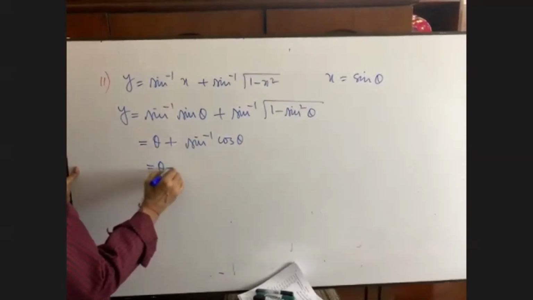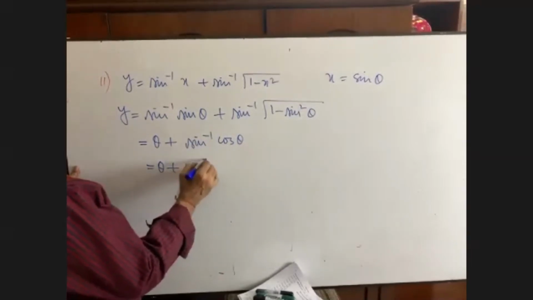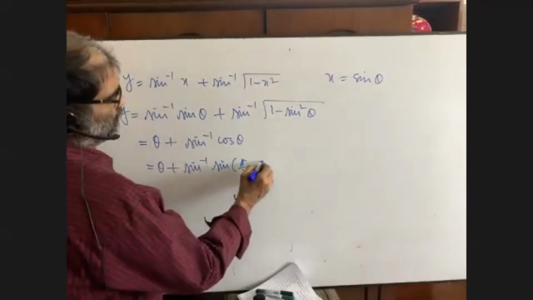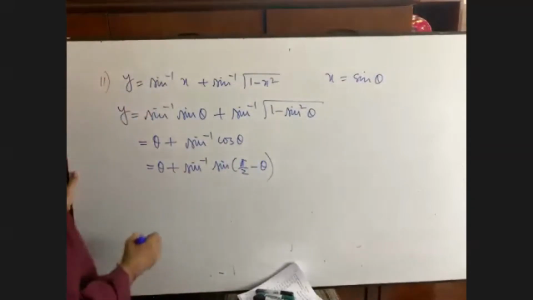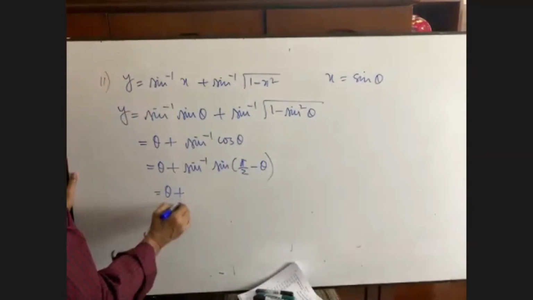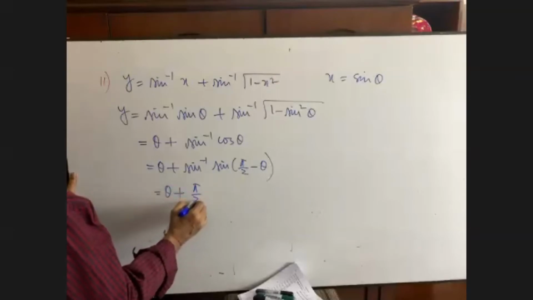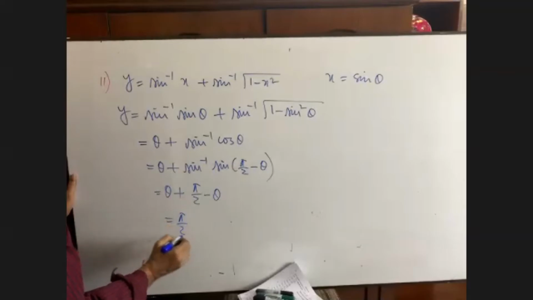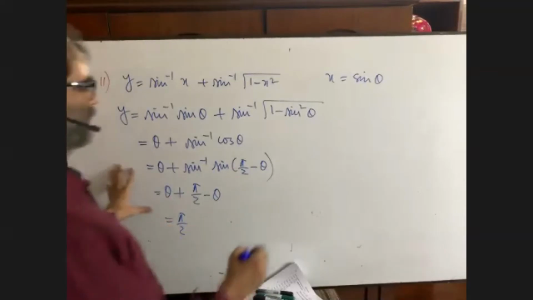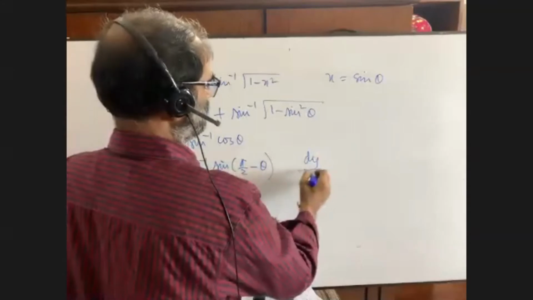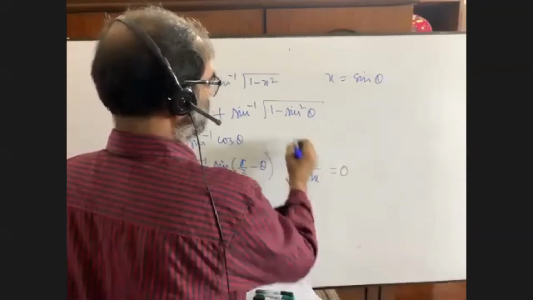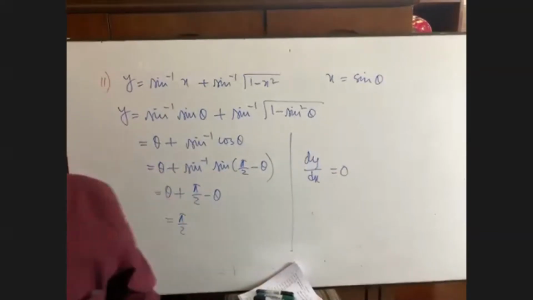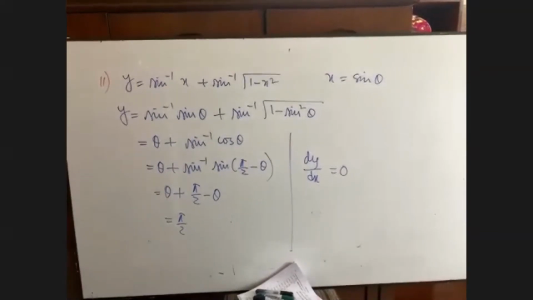That means theta plus sine inverse sine of pi by 2 minus theta. Theta plus pi by 2 minus theta. That is pi by 2. So dy by dx is equal to 0, and it is our answer. But I could do it by the previous two methods. Please try to understand.